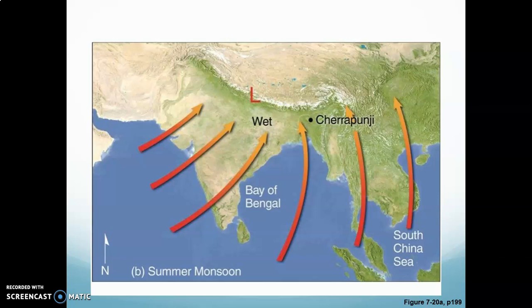Now, with the Himalayas being so large here, those winds aren't going to get very far. They're going to produce lots of clouds and produce lots of precipitation. So this region here just gets completely inundated with precipitation.